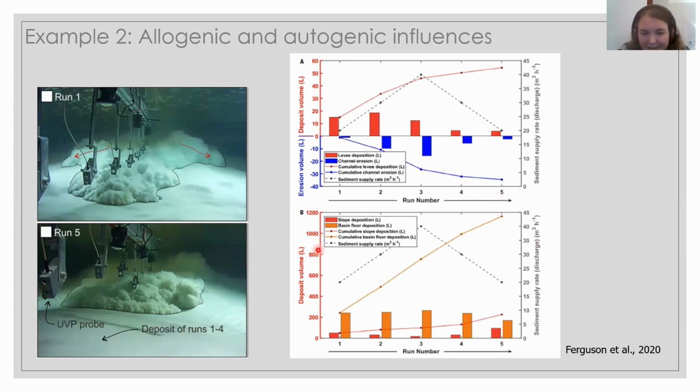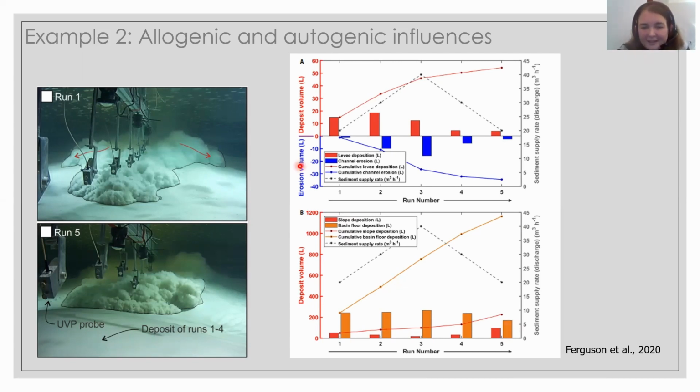So you can see here for the deposit volume that is accounted for the slope, we do have just a little in the beginning, and then when we start to have the retrogradation that's connected to the waning sediment supply, we get a lot more sediment deposition on the slope, whereas the basin floor deposition stays more or less the same, only decreases just a little bit to the end.